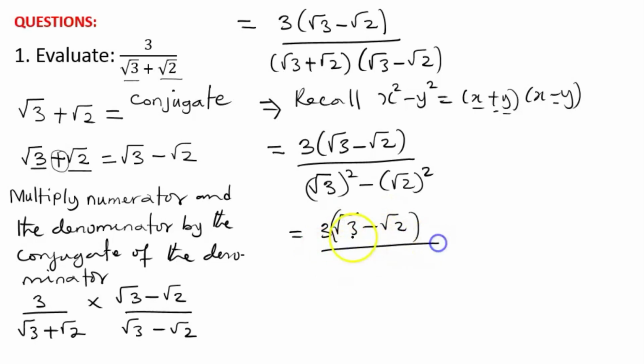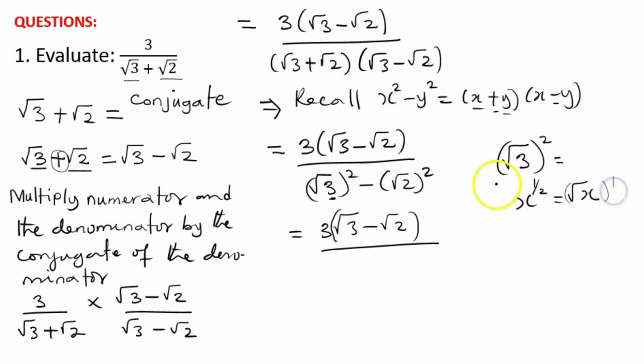Just like I told us earlier, when you have a square root and you square it again, the answer is what is inside the bracket. And I was proving why it is so. We actually apply indices to this. Indices says x raised to the power of 1 over 2 is the square root of x. You remember this? All right.